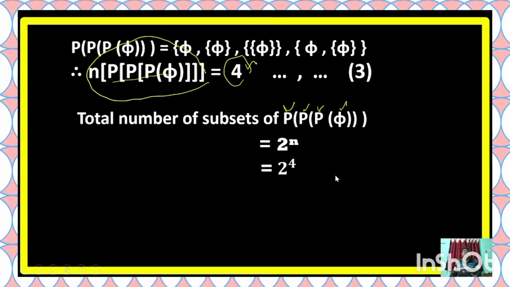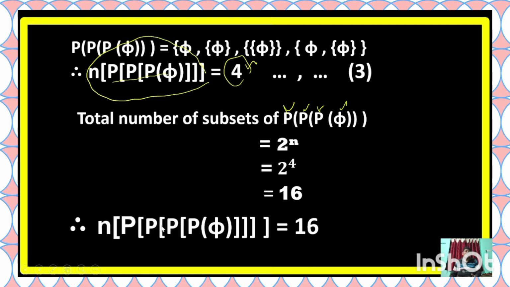By putting the value we shall get 2 to the power 4, which is 16. One of the interesting problems. Thus we get that the cardinality of the power set of the power set of the null set is equal to 16. It is a very interesting problem, and you will find it in different kinds of competitive exams. Is it clear to all of you?